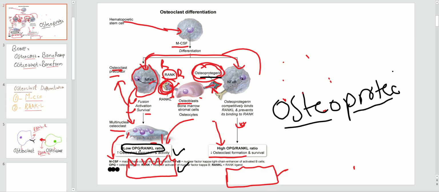So whenever you have high osteoprotegerin, you have decreased osteoclast differentiation and you prevent bone resorption. That is the way I remember it.